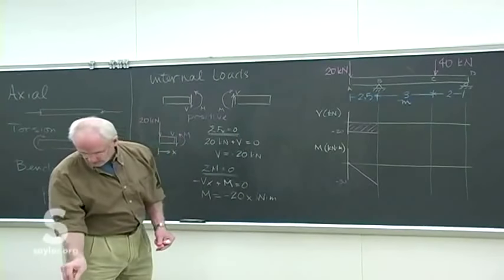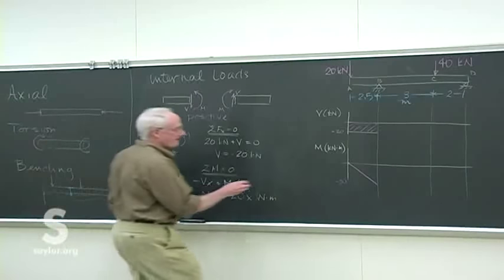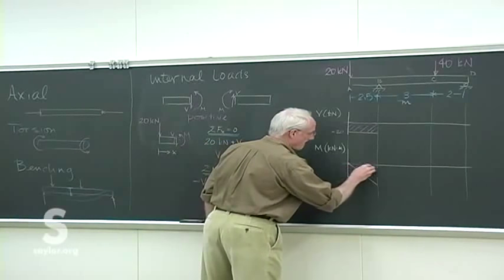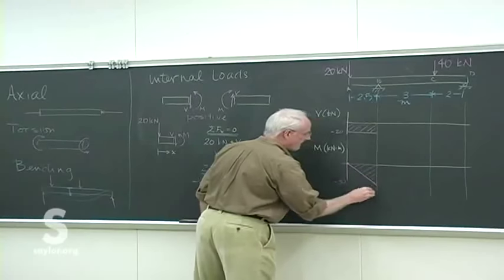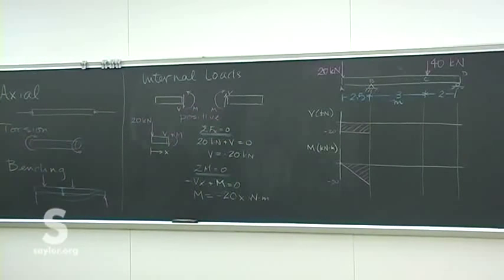And so we get that kind of picture down to there. It helps to hatch it in a little bit, just to illustrate what's negative, what's positive as we go through these.